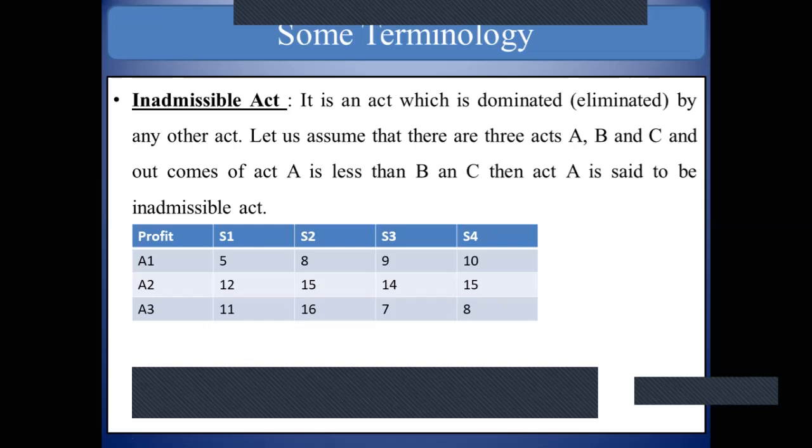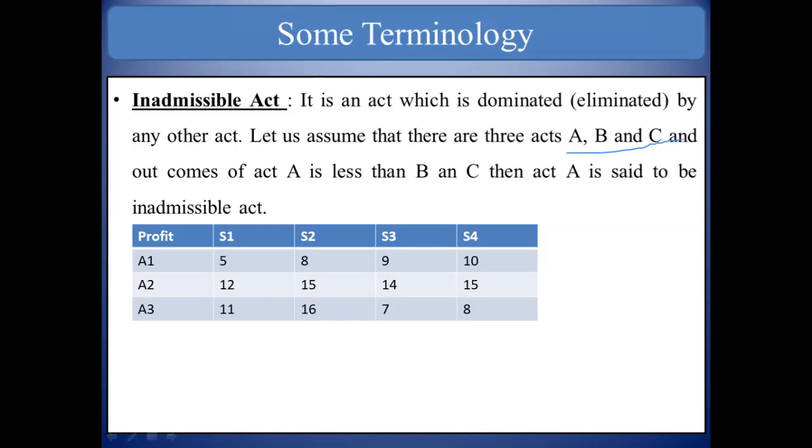For example, suppose we have 3 acts A, B and C, and the outcomes of Act A are less than B and C, then Act A is said to be an inadmissible act. In short, an inadmissible act is the act which has a lower payoff than any other act. Let us take an example of an inadmissible act.